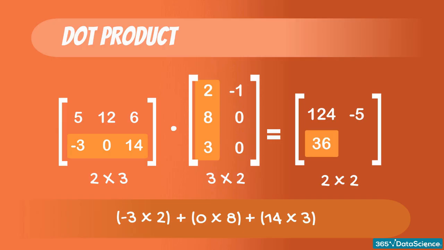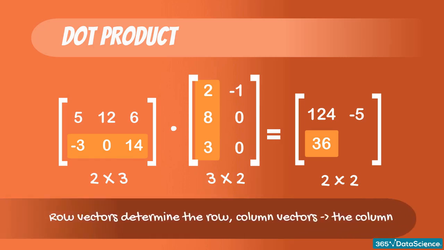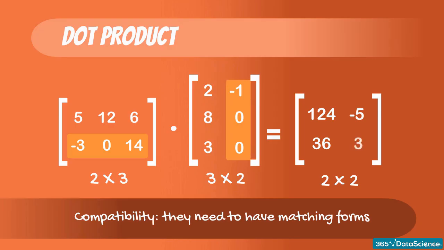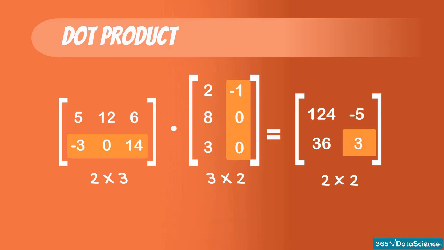This is the first value on the second row of the output matrix. Notice that the row vectors from the first matrix determine the row in the output matrix. In the same way, the column vectors from the second matrix determine the column of the respective value. Finally, we find the last dot product. We get 3, and the product matrix has been found. Great!